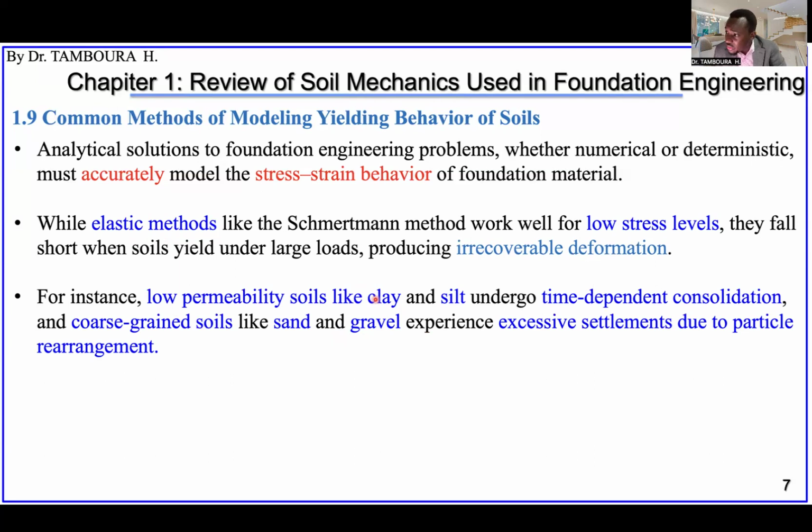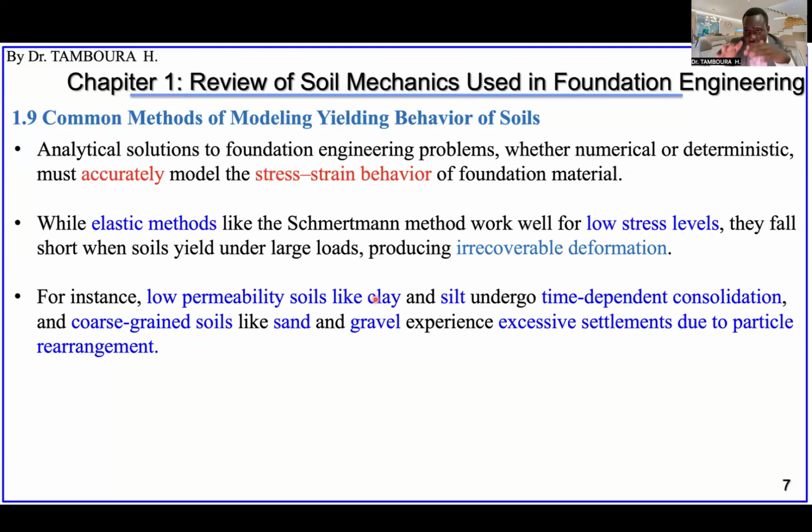When you construct a building, for example, on clay soil, the water inside the clay will take a long time to escape from the ground. For example, if you take a duster and you put water, if you push on that duster, the water will escape, right?